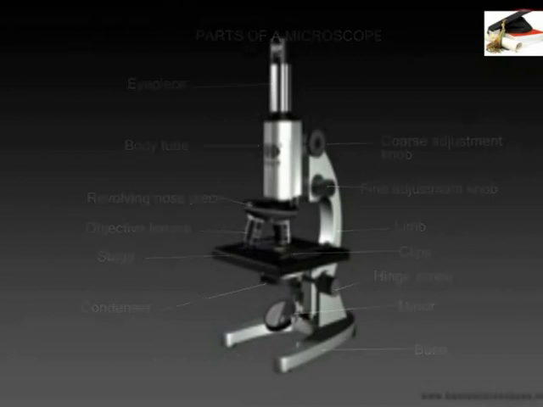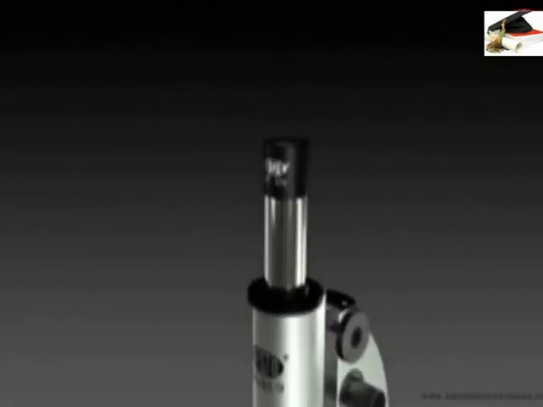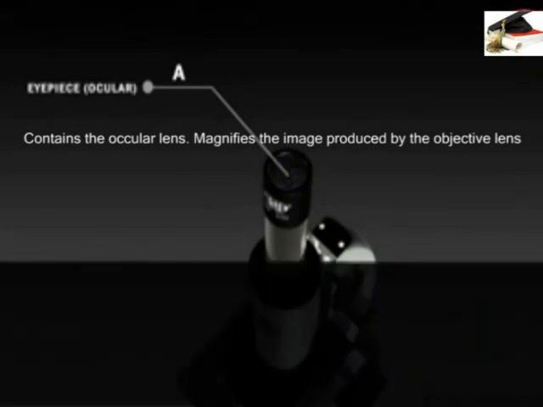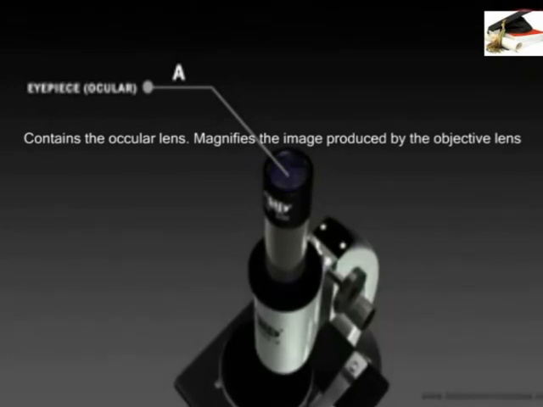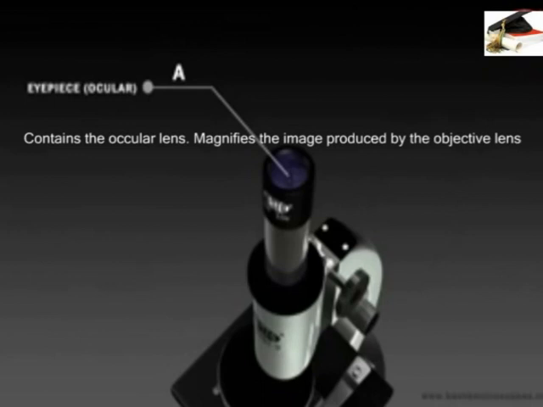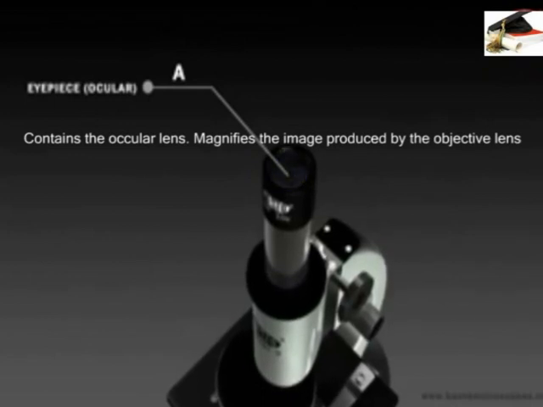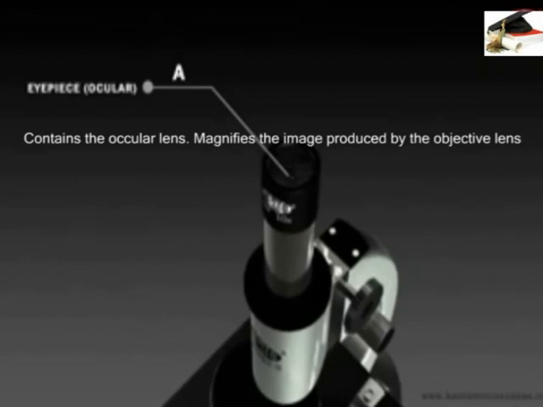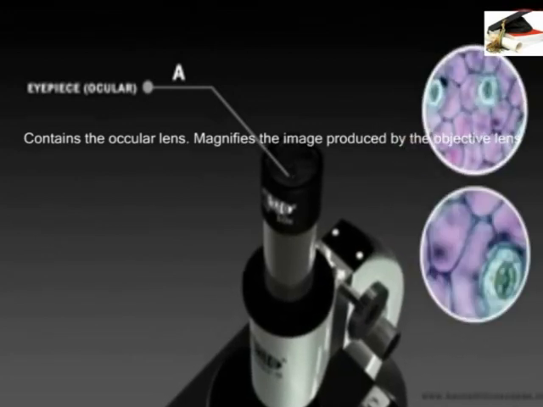The eyepiece. The eyepiece is the part closest to your eyes through which you look. It contains the ocular lens, which magnifies the image produced by the objective lens. It is often labeled with its magnification, for example 5x or 10x, indicating the number of times it magnifies.